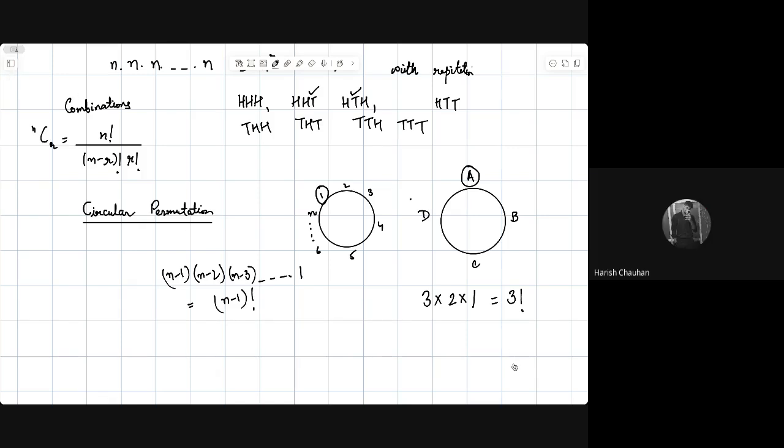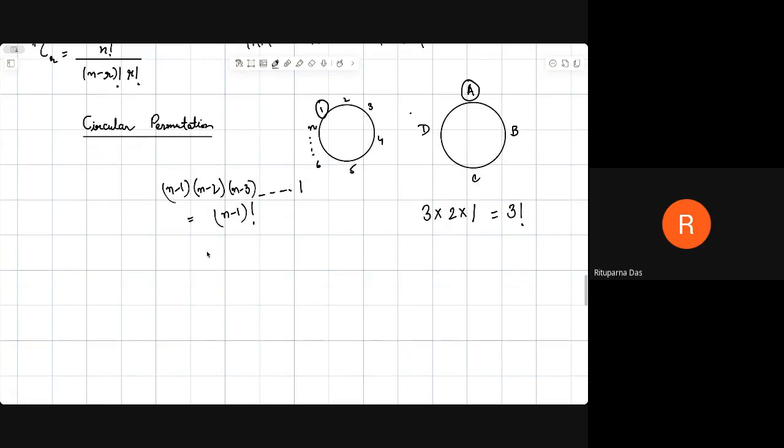Ma'am, what does it mean, clockwise and anti-clockwise? Okay, clockwise and anti-clockwise means, when you are arranging in this way, this is clockwise. If you are arranging in this way, this is anti-clockwise.